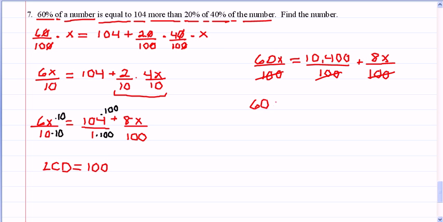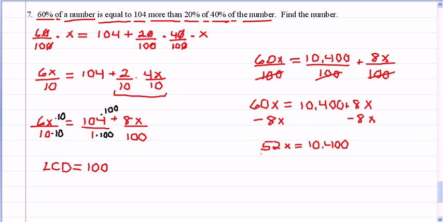And now it looks a lot easier as 60x equals 10,400 plus 8x. To solve for x, I subtract 8x from both sides to get 52x. And then if I divide both sides by 52, 52 divides into 104 twice, so x is equal to 200.